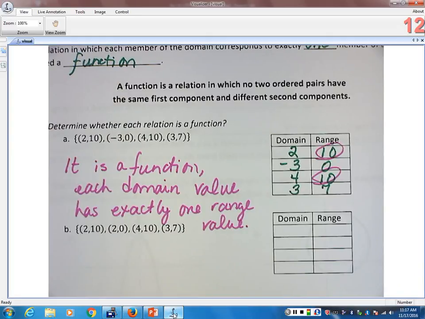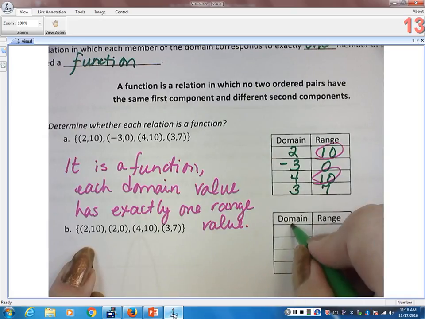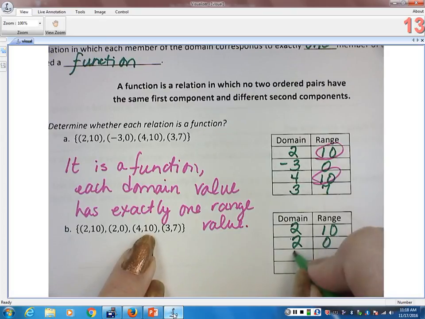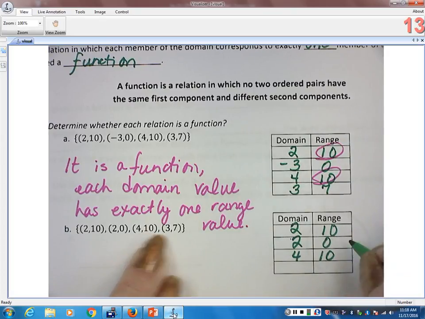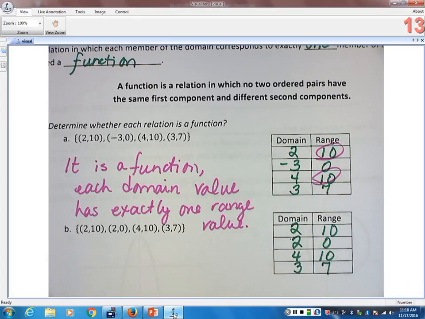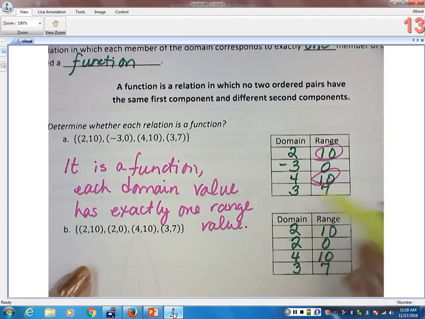Now moving on to the next one, we have 2, 10, 2, 0, 4, 10, and 3, 7. Is that a function? No. Which 2 points are a problem? The 2 has 2 different partners.